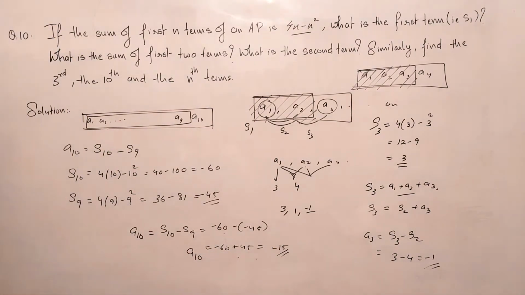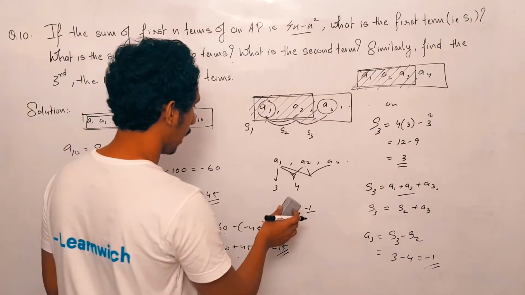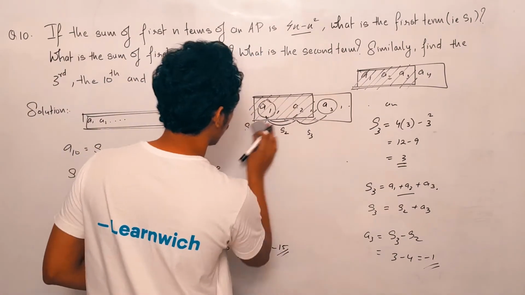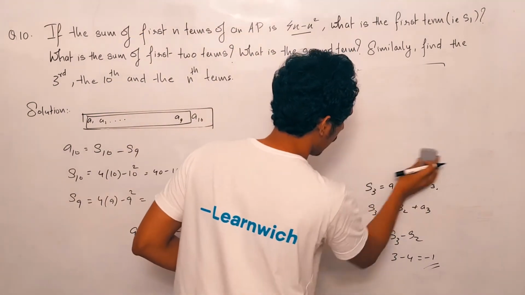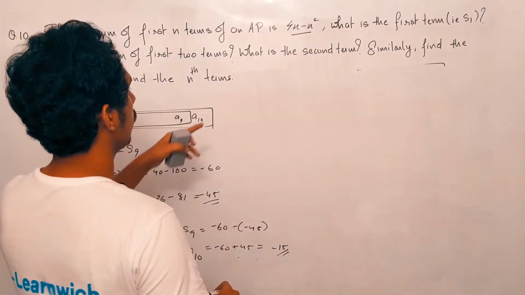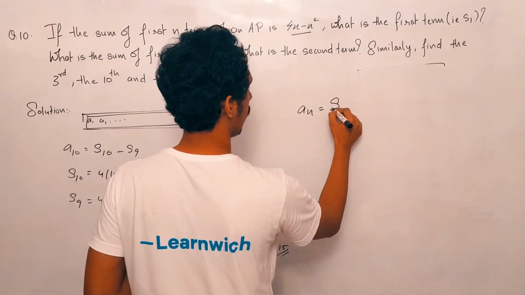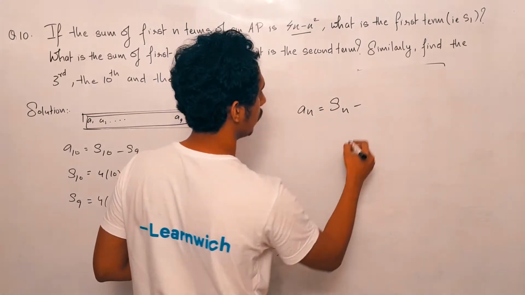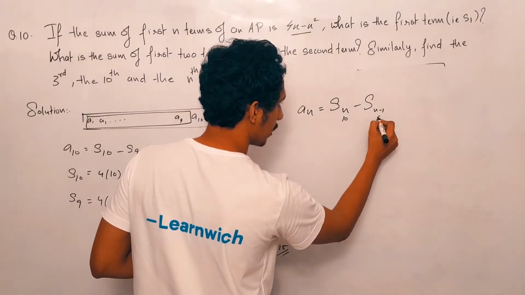And now you have to find out the nth term. What will be an? An will be sum of n terms minus sum of n minus 1. If this is 10, this is 9.